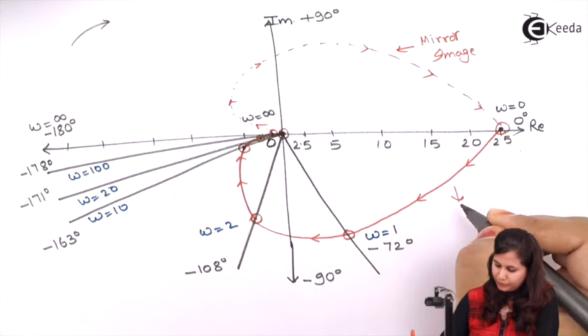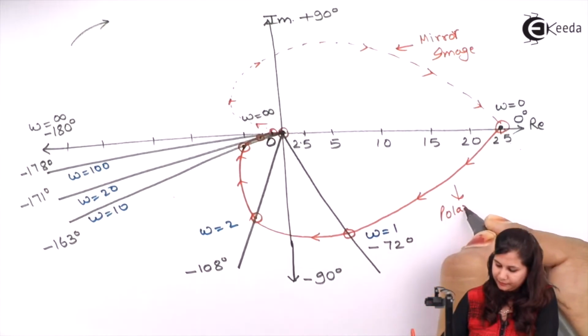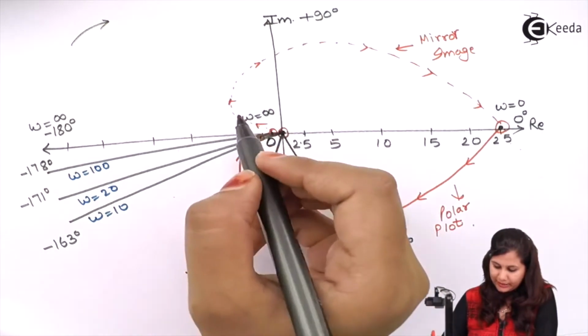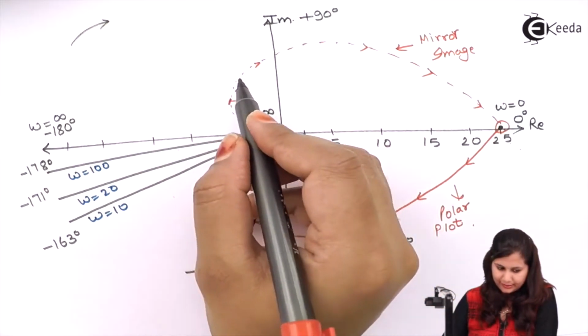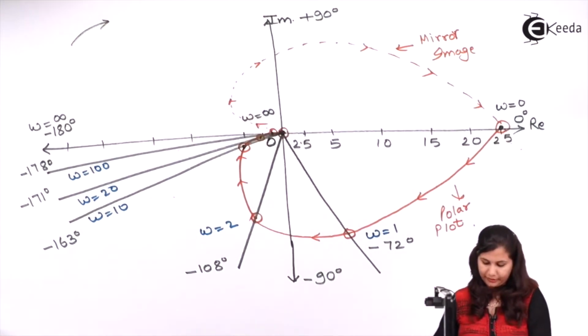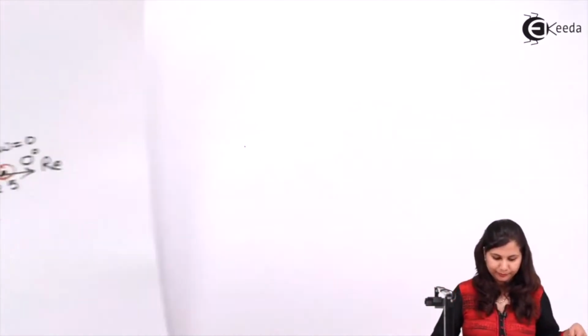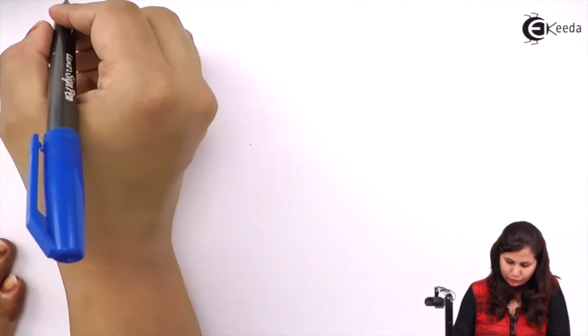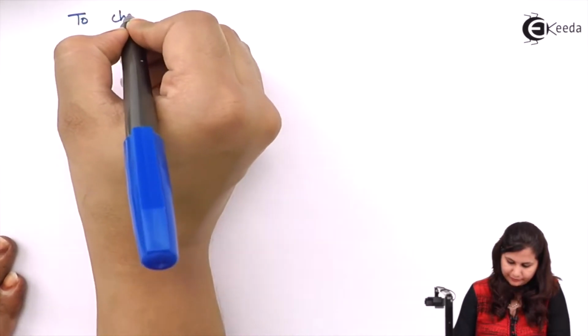It is the Nyquist plot of the system. Now let's see whether this plot has encircled the minus 1 plus j0 point. We have drawn the polar plot. Now our next step will be to check the stability.